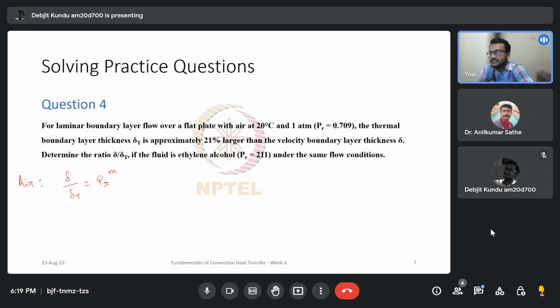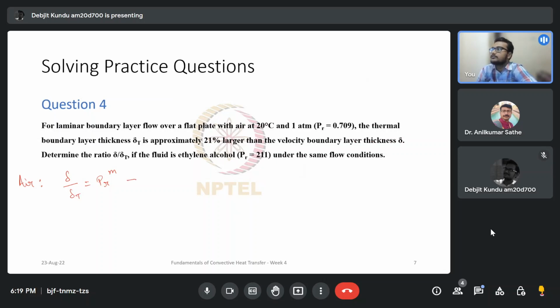We do not know the exact flow condition, but the form is similar to this. What is given here? The value of Prandtl number is given, and it is said that the thermal boundary layer delta T is 21% larger than the velocity boundary layer thickness delta.